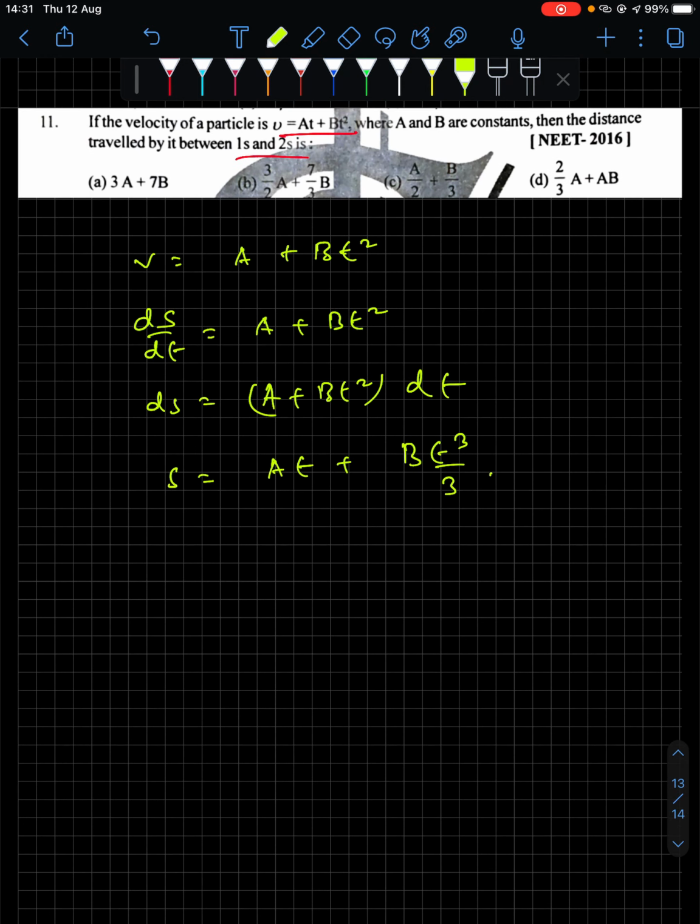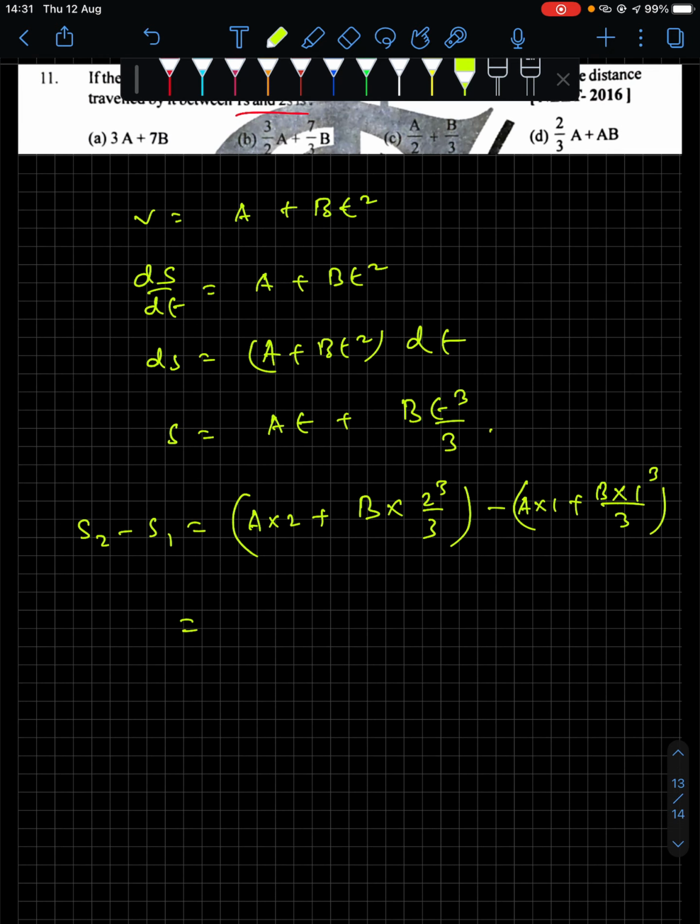So distance travelled between 1 and 2 seconds, s2 minus s1 equals to 2a plus b into 2 cube by 3 minus a into 1 plus b into 1 cube by 3.